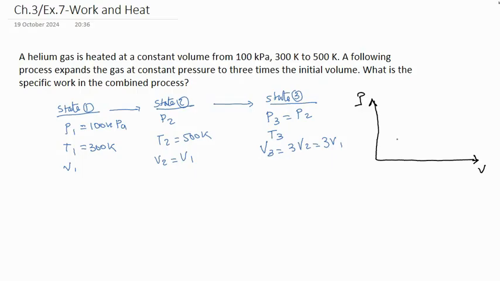So we have gone maybe from state 1 to state 2 at a constant volume. Then we have expanded. That means we have increased the volume 3 times the initial volume. So state number 3 at a constant pressure, somehow here, where the volume here is 3 times the initial volume, or the specific volume.